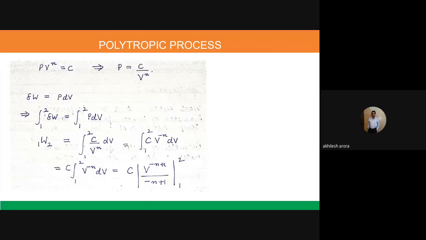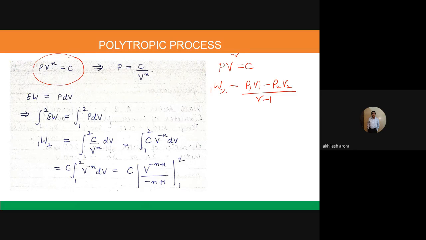Now you see it. Now this is the relationship I told you in a polytropic process. PV raised to power n is equal to constant. So now there is no need to explain the derivation of it, because for the process which is PV raised to power gamma is equal to constant, you got a value of work transfer W1 to 2 as P1 V1 minus P2 V2 divided by gamma minus 1.